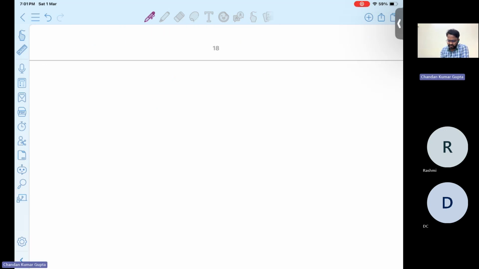There are some more properties of the same result. I'm just writing them directly so that we can solve some questions as well.